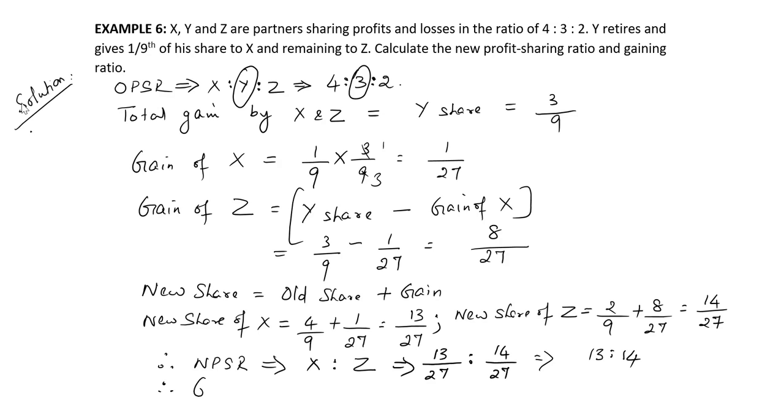Further, for the gain ratio between X and Z, we'll put the gain of X and Z together in the form of a ratio, which is 1/27 is to 8 divided by 27. So we get the gain ratio between X and Z as 1:8.